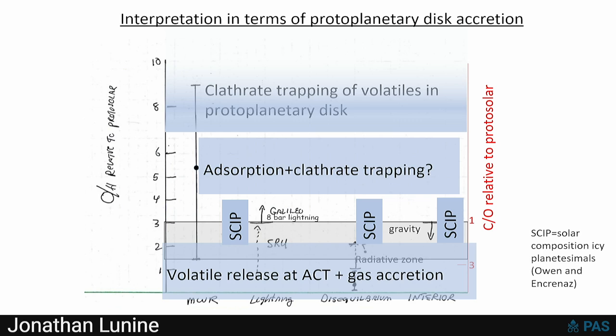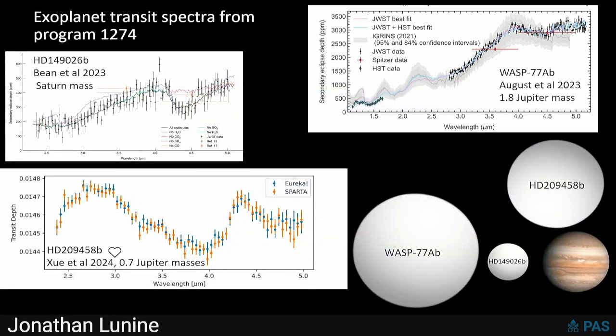SIPs are solar composition icy planetesimals, essentially very cold planetesimals where all of the elements are condensed out, as proposed originally by Toby Owen and Therese Encrenaz, fit very well. The volatile release story would fit at the higher carbon to oxygen end. So I think this eliminates some potential alternatives.